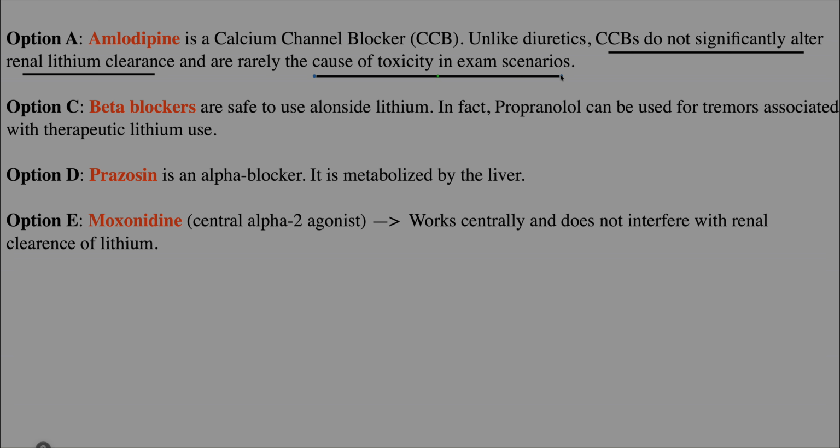In fact, propranolol, a beta blocker, can be used for tremors associated with therapeutic lithium use. Just remember, coarse tremor is lithium toxicity, and fine tremor is therapeutic lithium. Option D, prazosin. Prazosin is an alpha blocker. It is metabolized by the liver. Option E, moxonidine. It's a central alpha 2 agonist. Moxonidine works centrally and does not interfere with renal clearance of lithium.